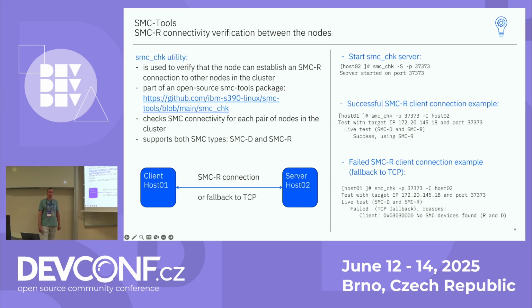The smc_chk server is started on the remote host, and then we run an SMC client connection to the server. On the right-hand side, you can see an example of a successful SMC-R connection and another example of a connection that has fallen back to TCP.